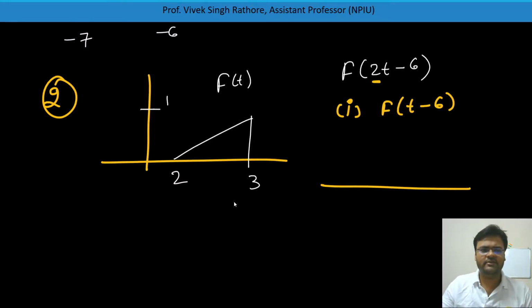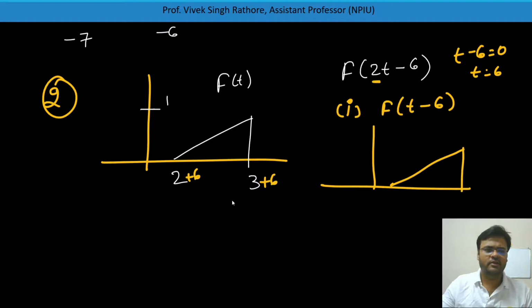So f(t-6) you need to plot. Equate t-6 with 0, so t is equal to 6. You need to add 6 to the values: 2 plus 6 is 8, and 3 plus 6 is 9. This is the signal you get for f(t-6). Now the second step is f(2t-6).